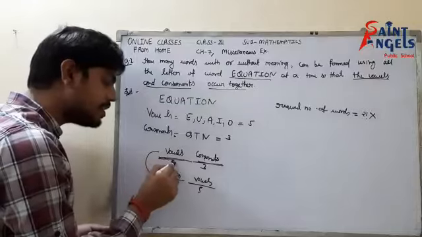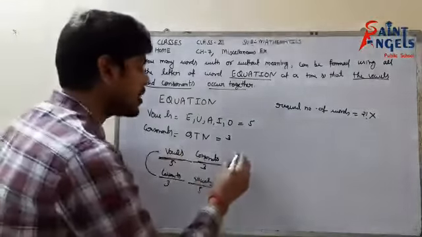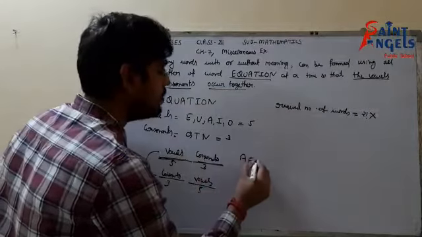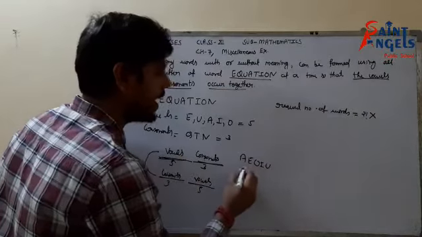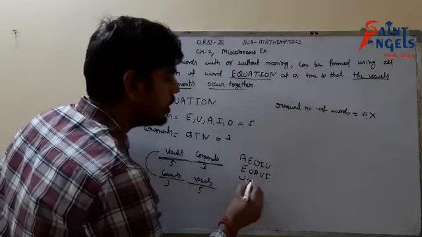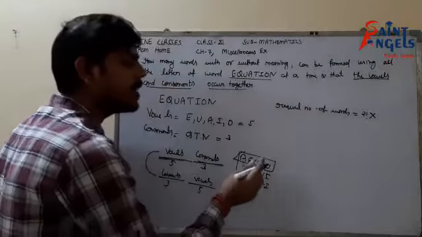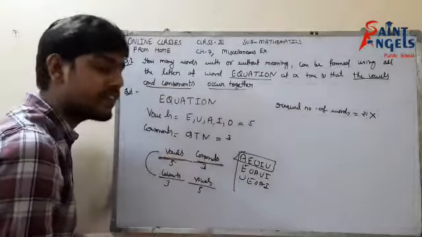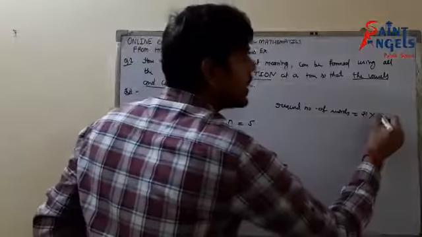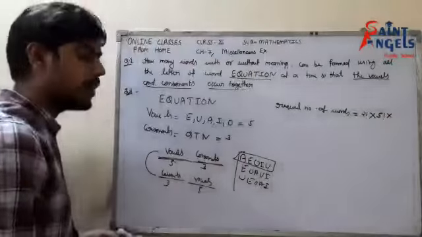I can arrange these five vowels in five factorial ways. Suppose I have A, E, O, I, U. I can write it like E, O, A, U, I, or U, E, O, A, I. So I can arrange these five letters in five factorial different ways.